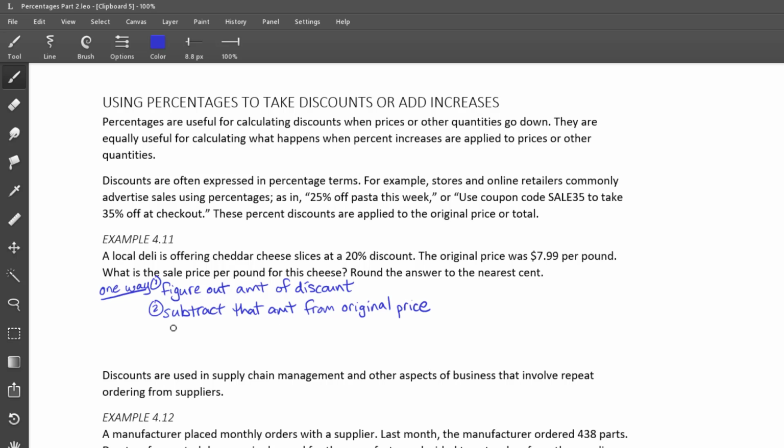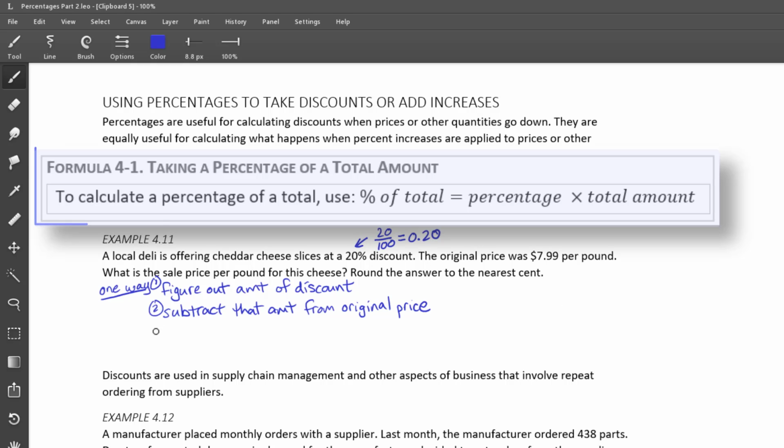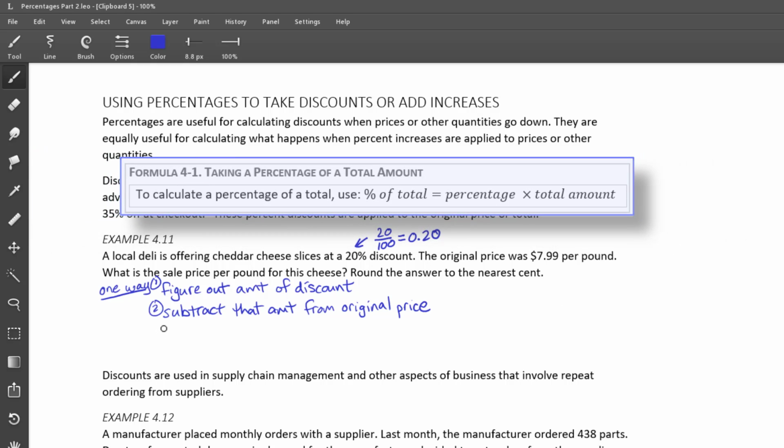So one way we can approach this is to figure out the amount of the discount and then subtract that amount from the original price. If we were to do this, 20%, remember, is 20 over 100, which equals 0.20, so that's the percentage we will use in our calculation, multiplied by $7.99 a pound will give you 20% of $7.99.